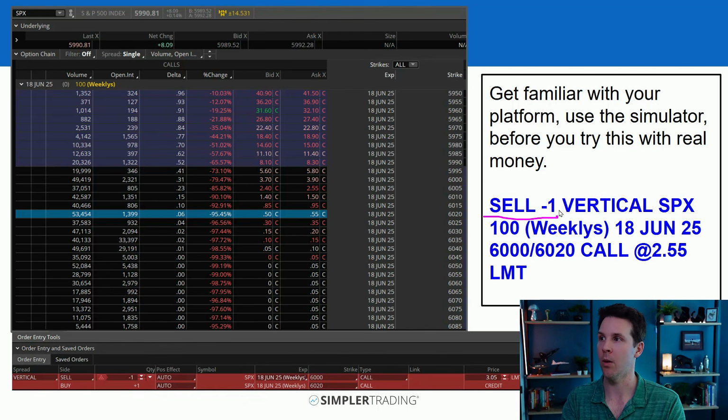So you're selling one vertical, and it's on the SPX. It's a June 18th, 2025, 6,020 call for that amount of money, and LMT means that it's a limit order. You can do market if you want, but there might be some slippage, so a limit order is usually preferred, okay? And that's how you see this on the screen.